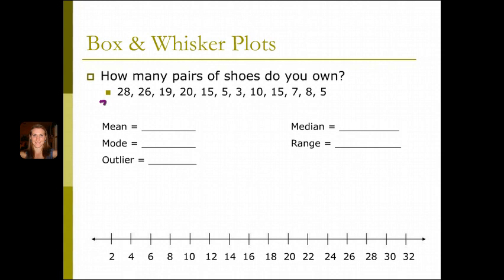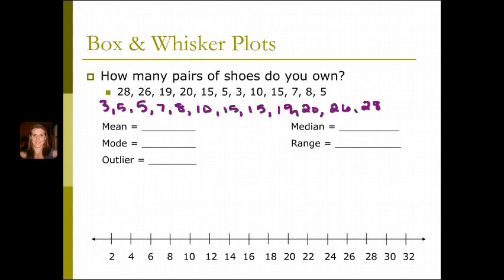So we have 3, 5, 5, 7, 8, 10, 15, 15, 19, 20, 26, and 28. So we've got everything in order from least to greatest.